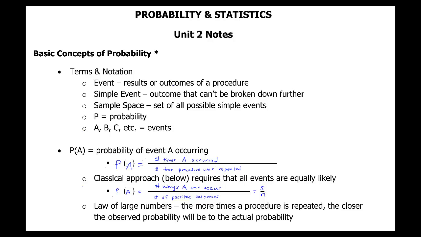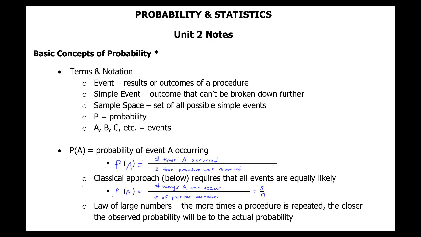The law of large numbers states the more times you repeat a procedure, the closer the observed probability will be to the actual probability. An example of that is if you were flipping a coin, if you just flipped a coin once, the probability of heads is 0.5, and the probability of tails is 0.5.